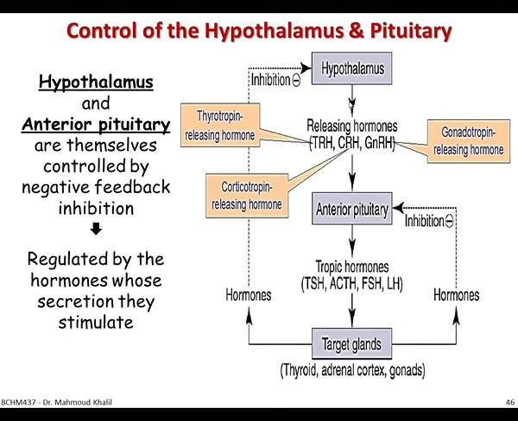So that explains how negative feedback inhibition can be regulated by the same hormone whose secretion they stimulate. Initially they stimulate this hormone, and once the function is terminated and their concentration level is higher in the blood, these hormones themselves will start to negatively regulate either the anterior pituitary gland to stop its release or the hypothalamus to stop its release. Okay.